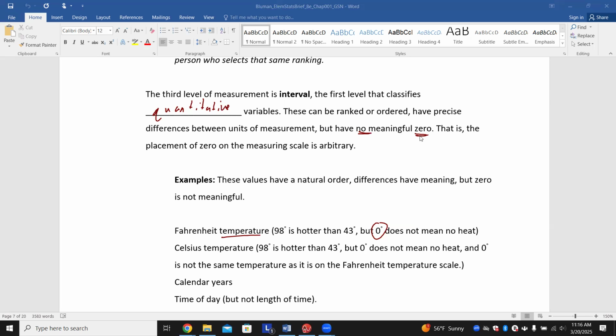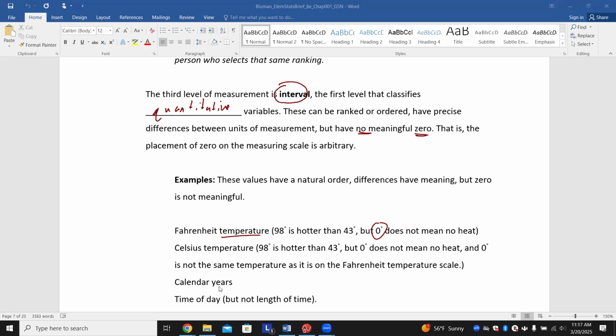So again, zero needs to be absolute. You can't go any lower than zero. If you can go lower than zero, so you can go from the negatives to the positives, then we call it interval. If you can't go past zero and you don't have any negative values, it's going to be what we call a ratio.